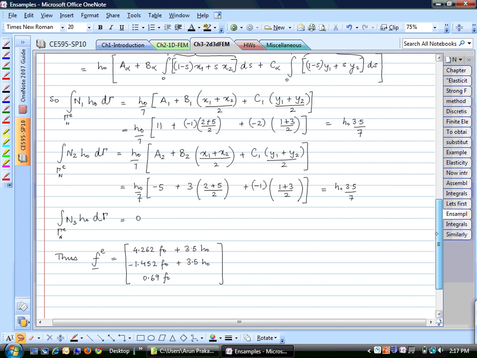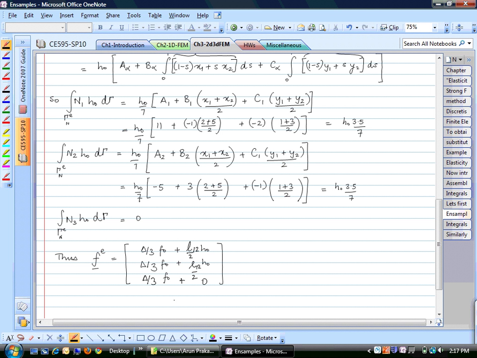So finally, if you assemble all of them, again, these values are not correct. So what you should get is delta divided by 3 here, delta divided by 3 here, no minus sign, delta divided by 3 here, length of the edge 1 2 divided by 2, length of the edge 1 2 divided by 2 here, and there is plus a 0.